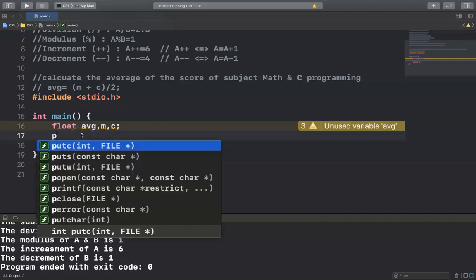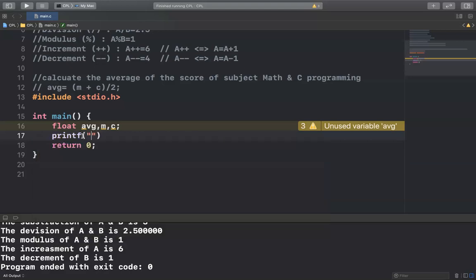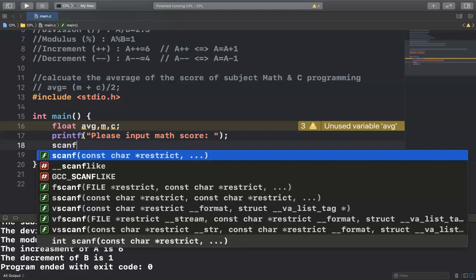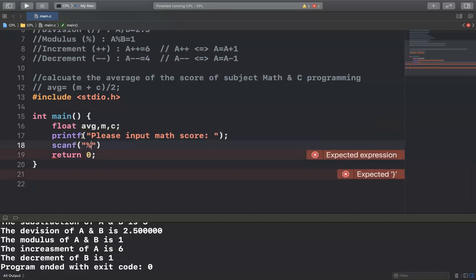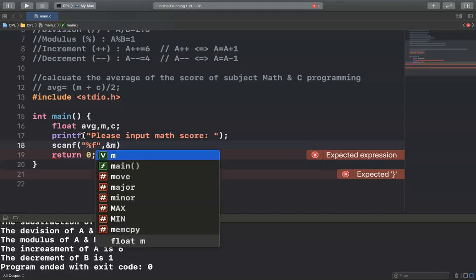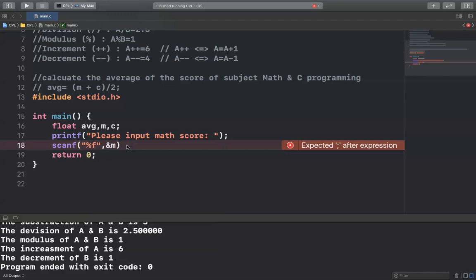And then you print the message that allow user to input the math score. Please input math score. And then you use scanf to allow user to input the math score. Percentage F, A, because you represent the math score by A, that's why you allow user to input.